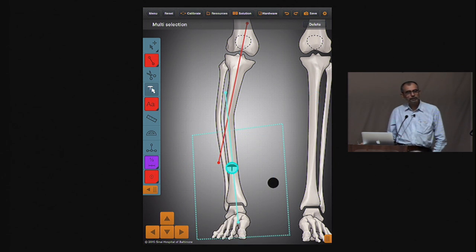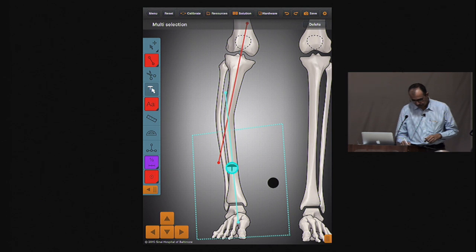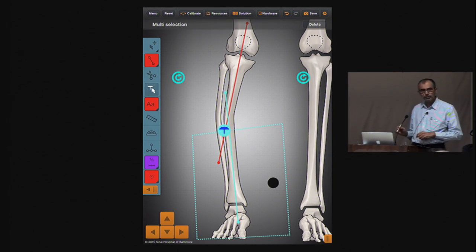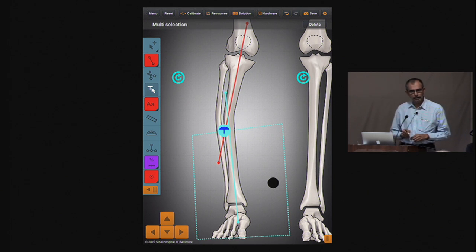Now where all does this become important? Rule number 2 is not applicable in internal fixation, yes and no, in the sense that when you do internal fixation, in this situation let us say, you want to use internal fixation here and you want to do an opening wedge.